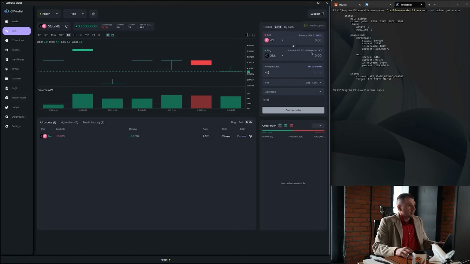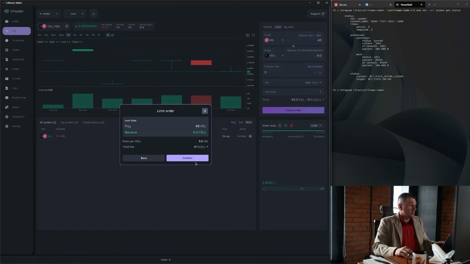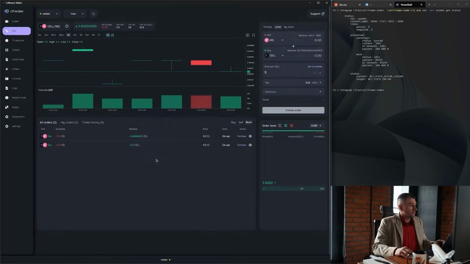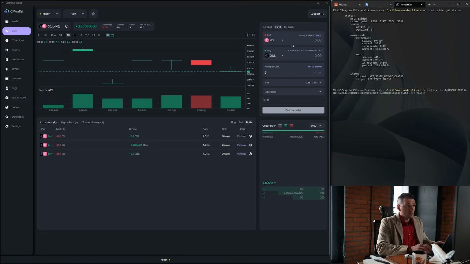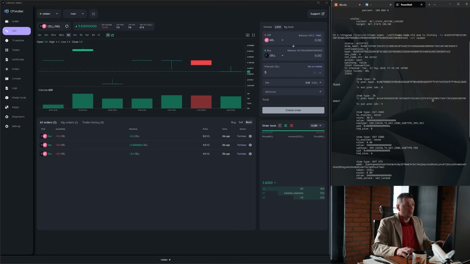And then let Ivan also sell some amount at yet bigger price. So the orders are already on chain, by the way. Here is how they look in the UI. And at the same time, an order is a transaction which can be dumped or checked in the Transaction Explorer.